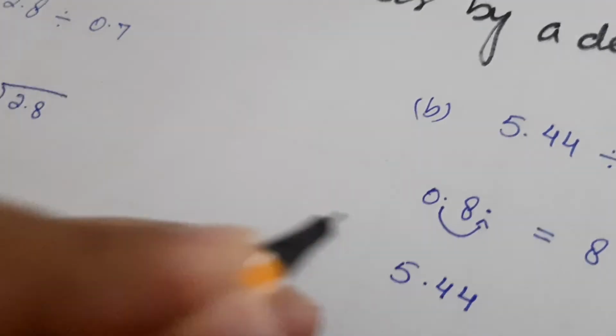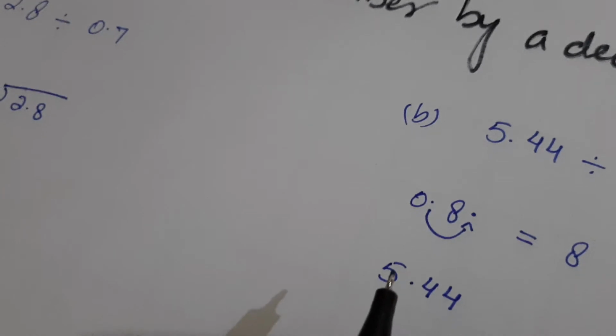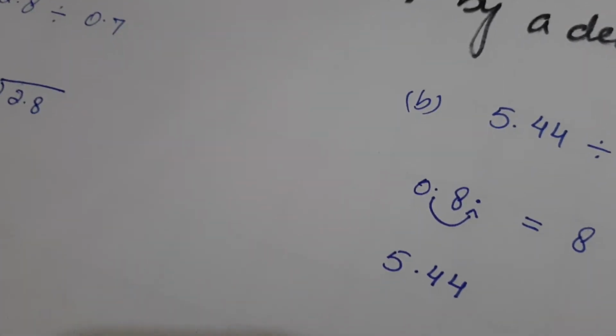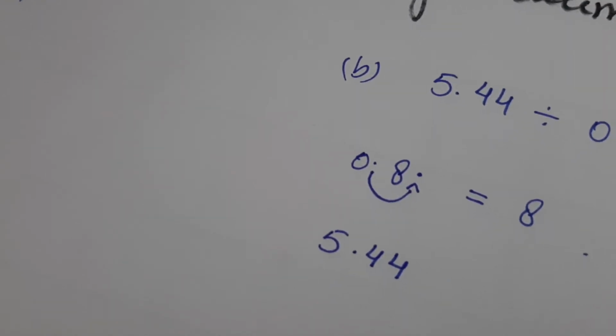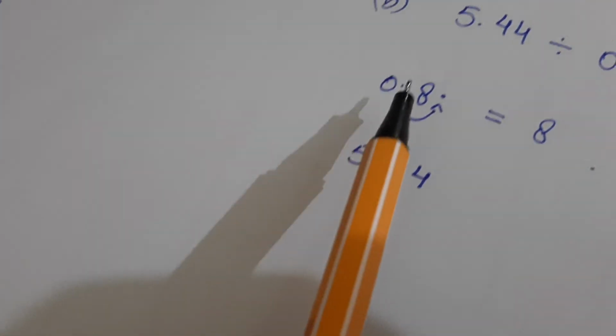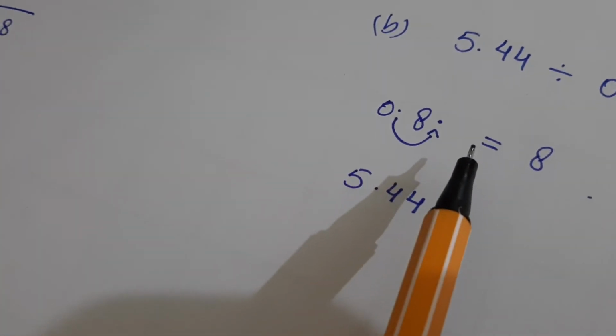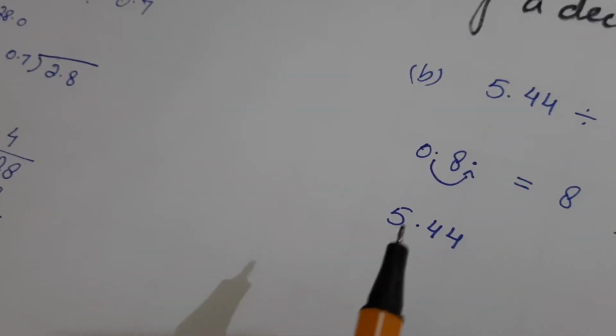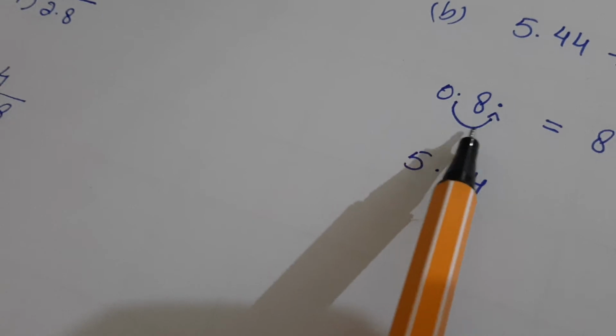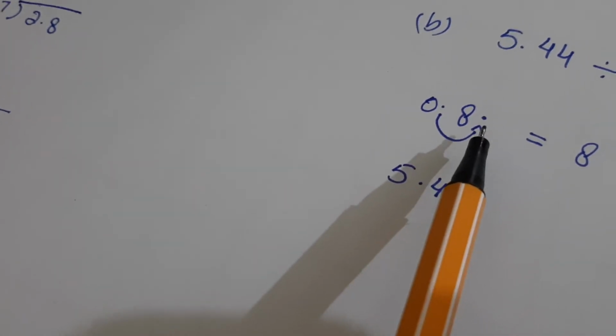Now the aim here is not to make this a whole number, rather to just make things similar for both the dividend and the divisor. Since I moved this decimal point over here to make it a whole number, I have to move a decimal point here as well. And I have moved the decimal point only once in this divisor.